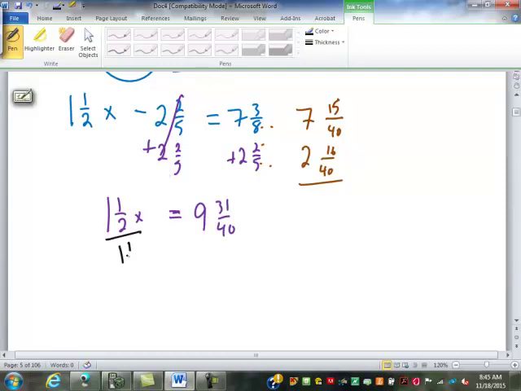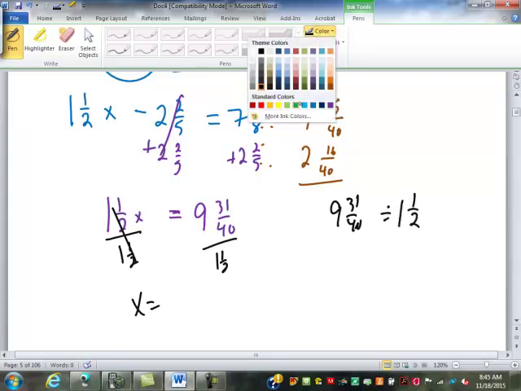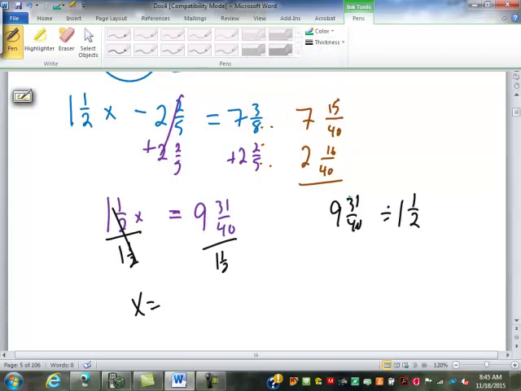So now we can divide by 1 1/2, so we're left with just x here. 9 and 31/40 divided by 1 and 1/2. Well, 9 and 31/40: 9 times 40 is 360, plus 31 is 391/40. 1.5 is going to be 3/2.